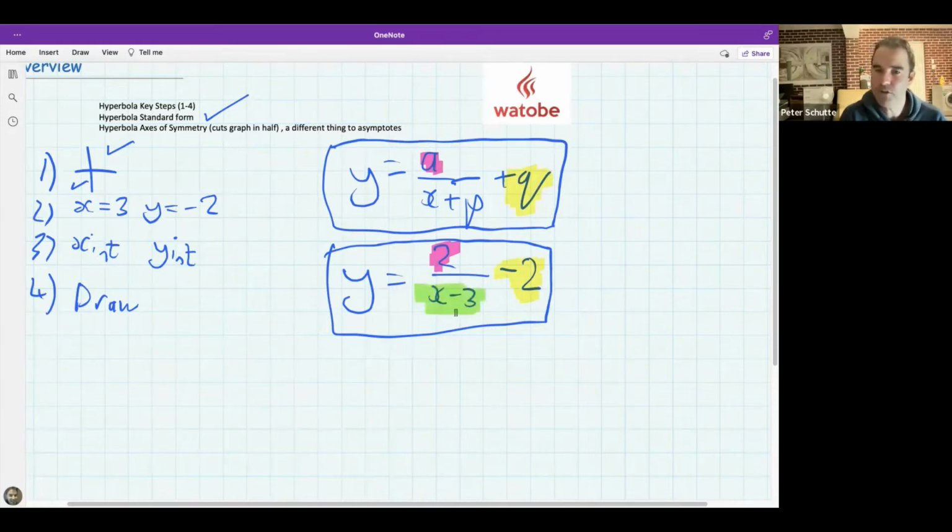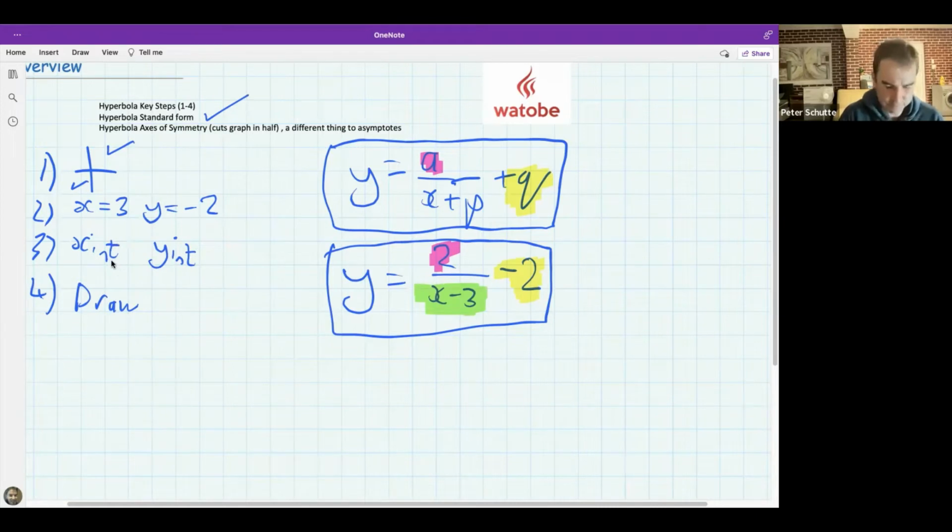What's always a bit tricky about the x shift is when you see a minus 3, you have to know that this is actually shifting the whole thing 3 units to the right, not to the left. This happens in parabolas too. The horizontal shift always is a bit tricky, so just to remind you of that. Those are the basics we spoke about in the previous lesson.